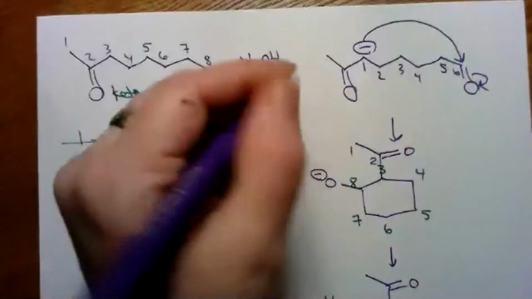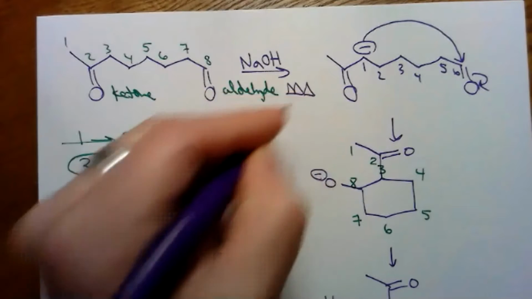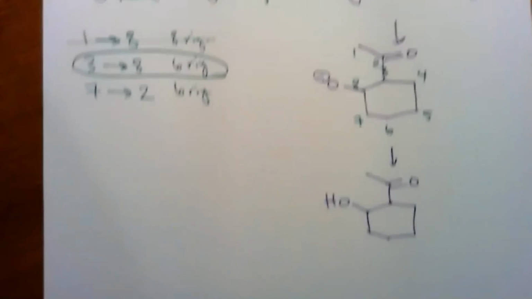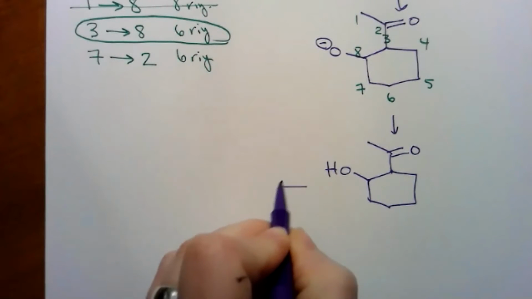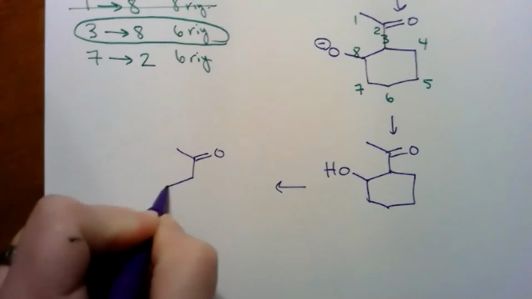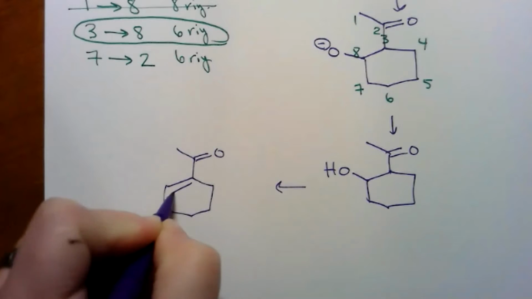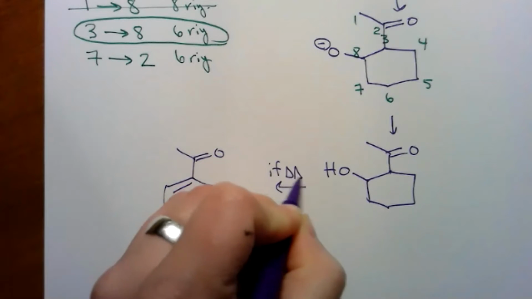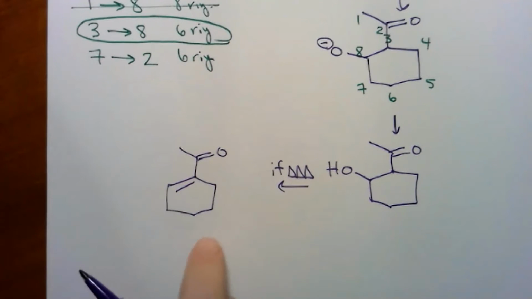However, if you put a little heat on it from the beginning, heat promotes dehydration. Heat promotes elimination. So if this reaction were heated, then you should predict this as the product. But that's if and only if it's heated.